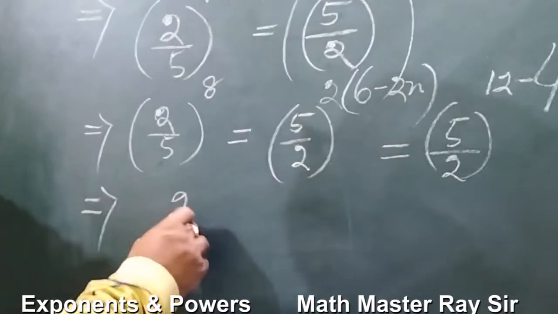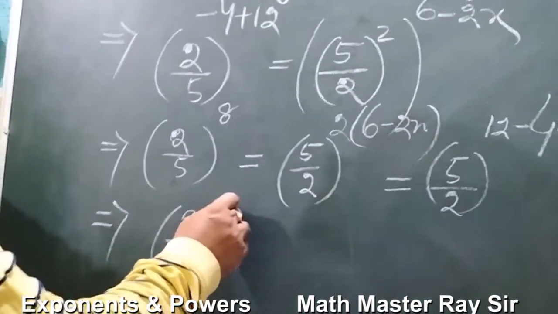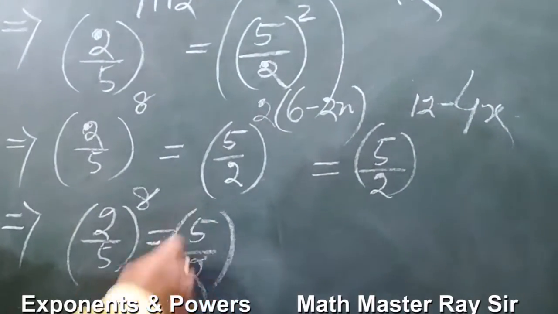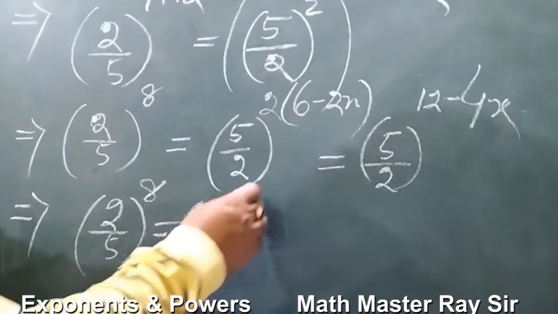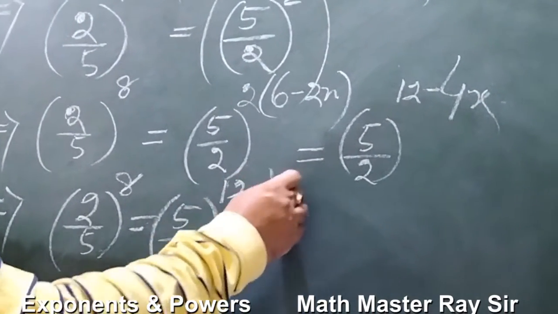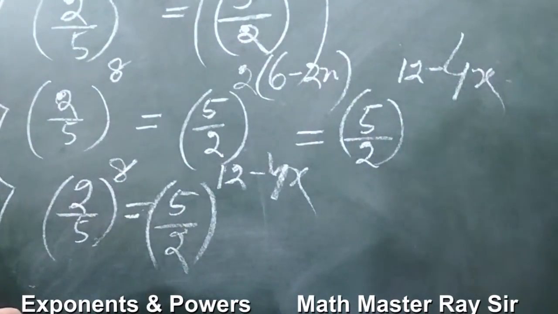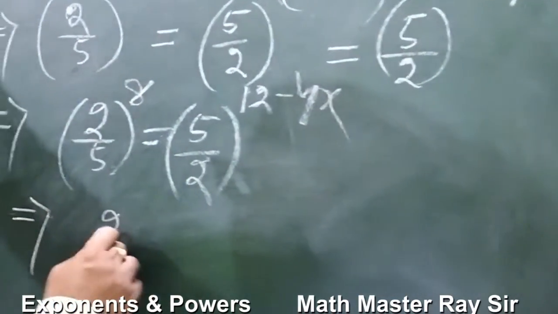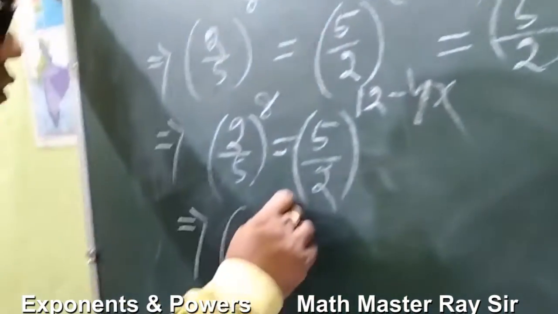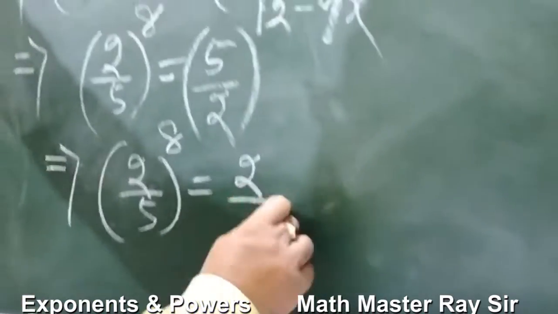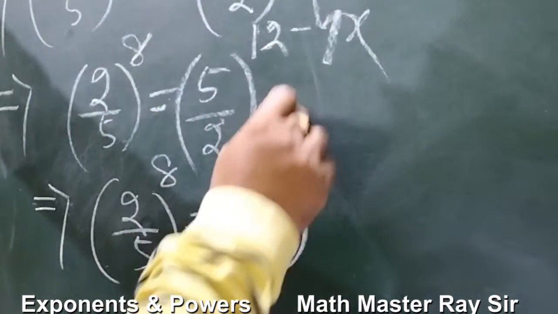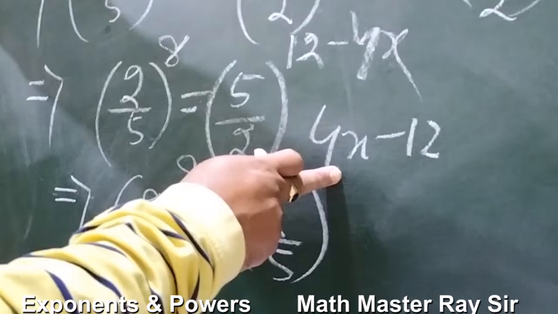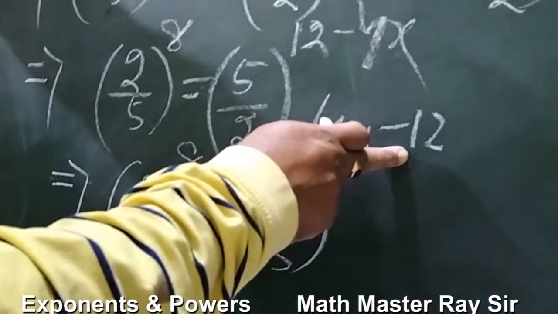Now 2 by 5 to the power 8 equals 5 by 2 to the power 12 minus 4x. You just change it like this: 2 by 5 to the power 4x minus 12. The sign changes: this was negative, becomes positive; this was positive, becomes negative.